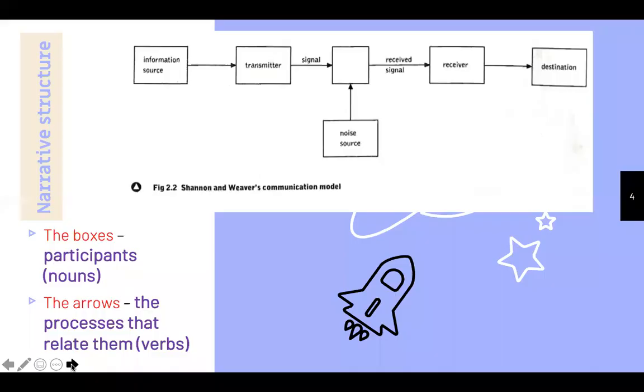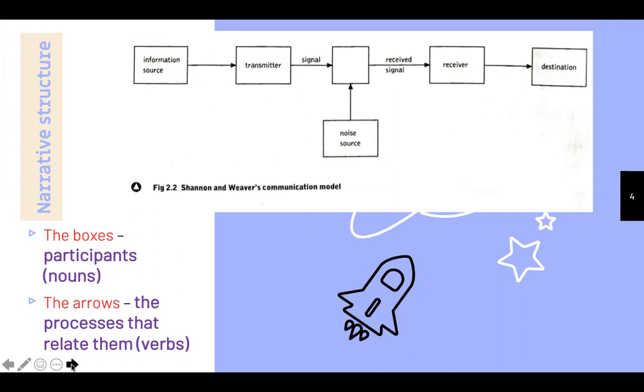For narrative structure, as I mentioned earlier, we need to identify the vector line. So here we can see the arrows are the vector lines that connect the participants. For example, the participants are the items in the boxes: information source, transmitter, noise source, receiver, and destination.